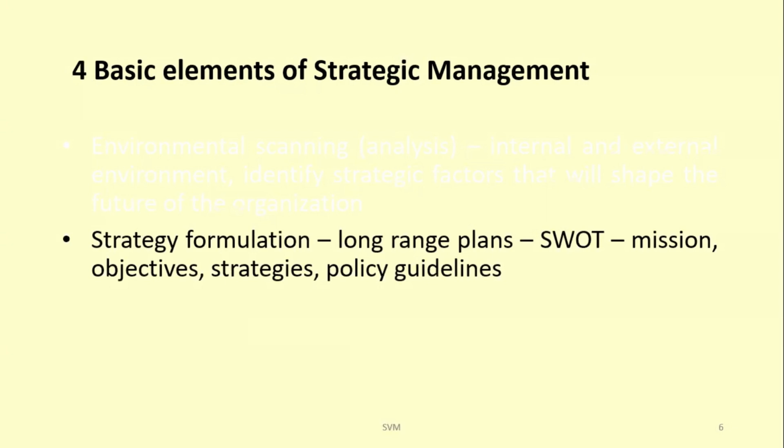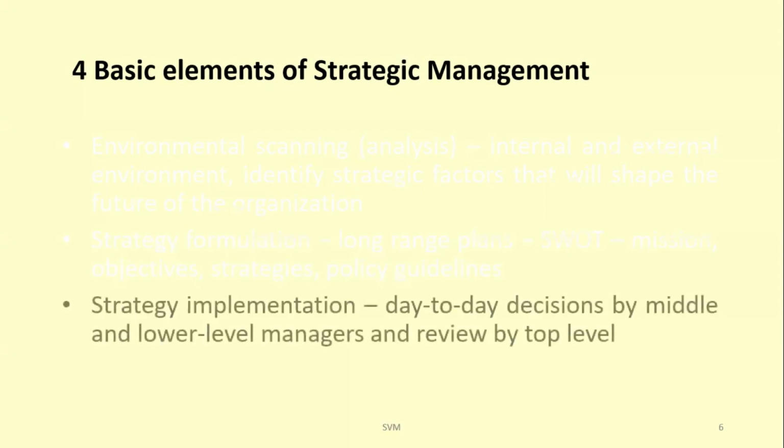For that, you may do a SWOT analysis. You will assess your strengths, weaknesses, opportunities, and threats. Based on that, you will create your mission, your objectives, strategies, and policy guidelines. Then the next step is you implement that strategy, means day-to-day decisions by middle and lower level managers and review by the top level.